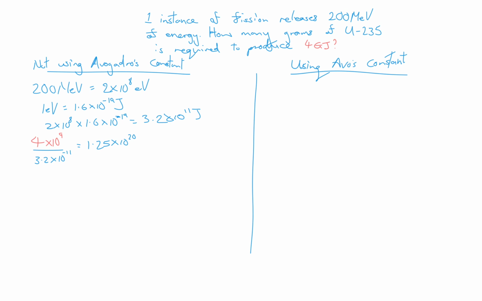Then the next thing that we're going to do is try and approximate the mass of uranium. Now, you might be given a value for the mass. If that's the case, definitely use that. If you've got to approximate it, then what we're going to do is say we've got 235 nucleons in the nucleus. We're going to multiply that by the unified atomic mass unit, which is in your data booklets.